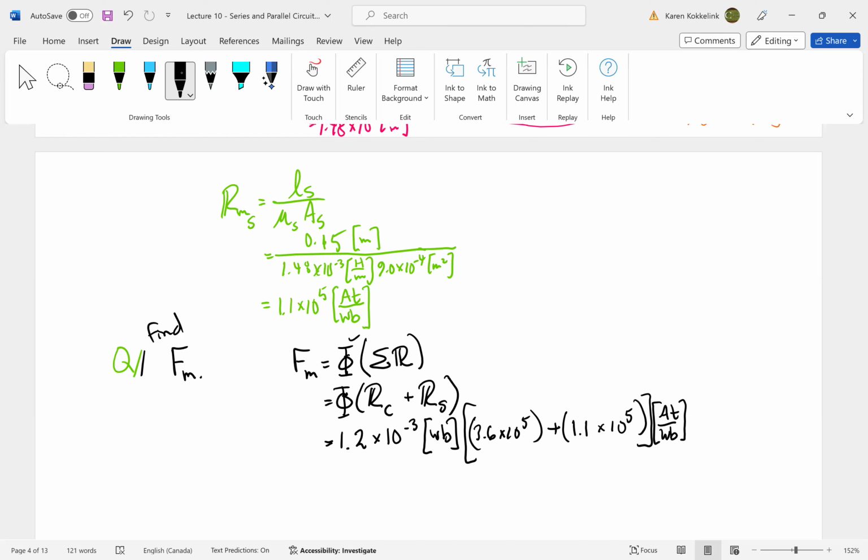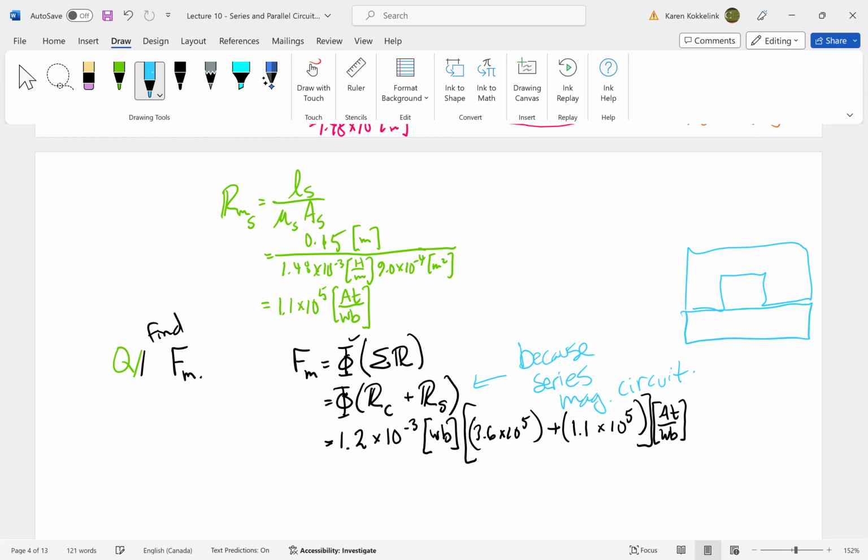Okay, so I'm just subbing in because this is a series magnetic circuit. Remembering that it looks like this and this, these are two different materials. This is cast and this is sheet. Therefore, this has a reluctance and this has a reluctance, and we have to add them together. That's what we just did there, cast and sheet.